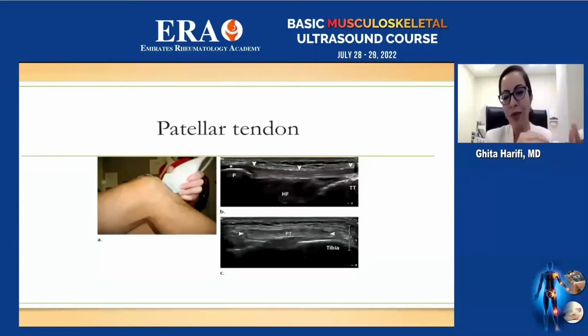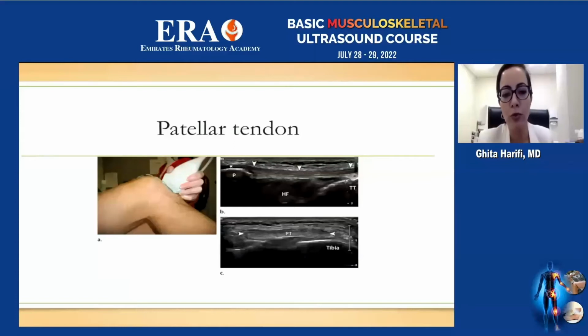We're still appreciating the anterior aspect of the knee, but we go to the infrapatellar part of the examination. So all that we have seen until now was suprapatellar. We go now below the patella and start appreciating the structures below it.